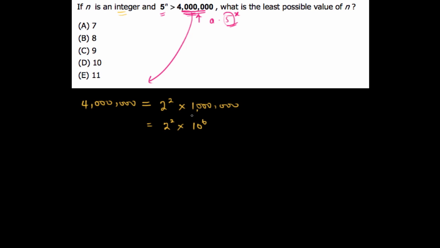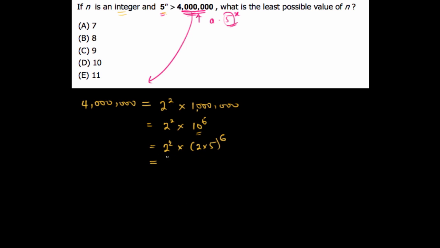But is there a way I can obtain 5 from any of these two? You can't obtain 5 from 2, but you can obtain 5 from 10. Now how do you do that? 10 is the same thing as 2 times 5, so this is 2 to the power 2 times (2 times 5) all to the power 6.